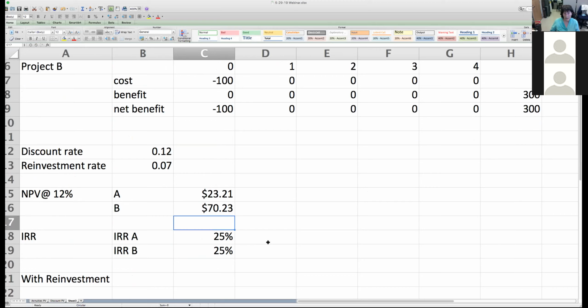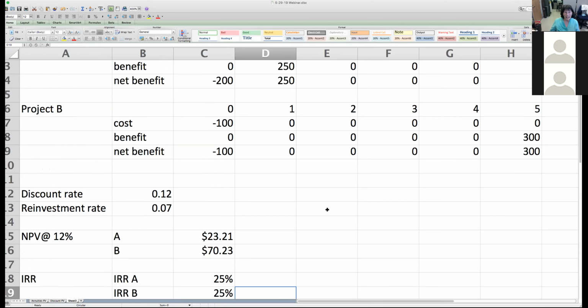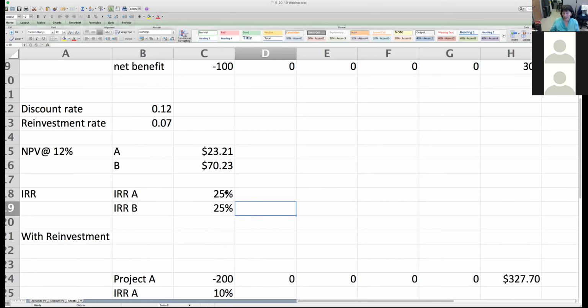Now you notice both of these have the exact same IRR. And that is a problem when you're looking at this first one, because you're getting this 250, and if you're computing an IRR, you're thinking this 250 is invested at 25%.